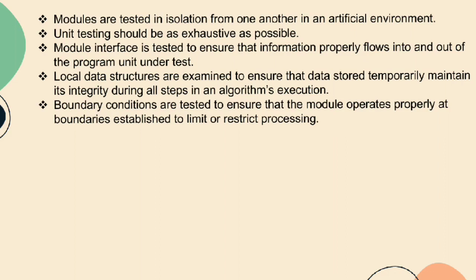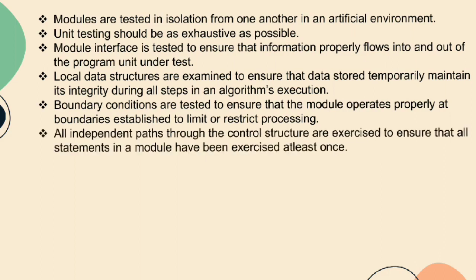Boundary conditions are tested to ensure that the module operates properly at boundaries established to limit or restrict processing. All independent paths through the control structure are exercised to ensure that all statements in a module have been exercised at least once. Finally, all error handling paths are tested.